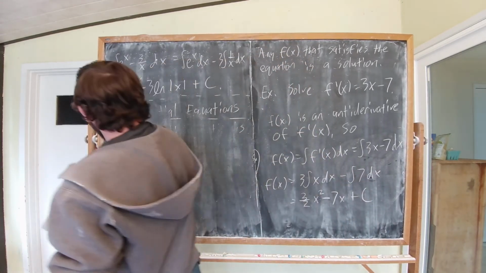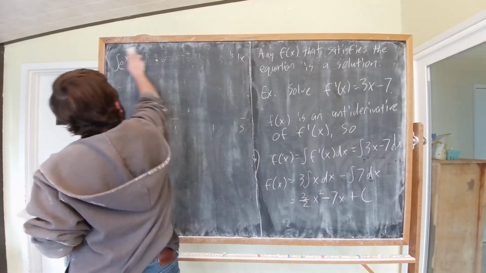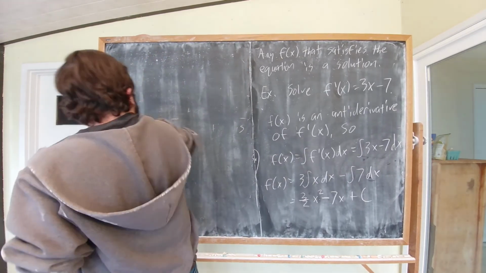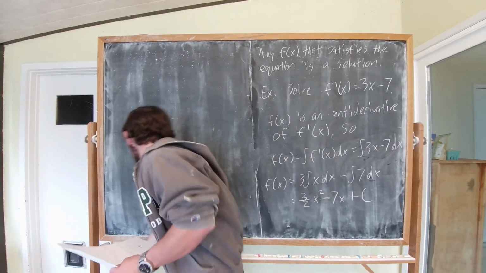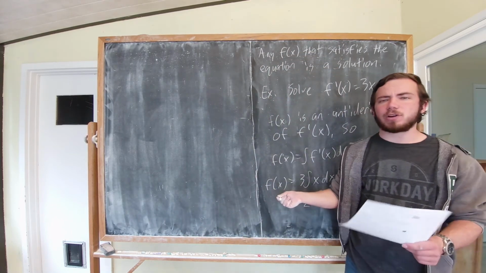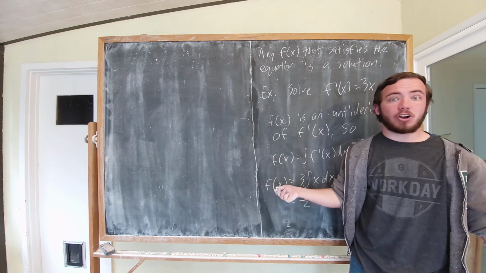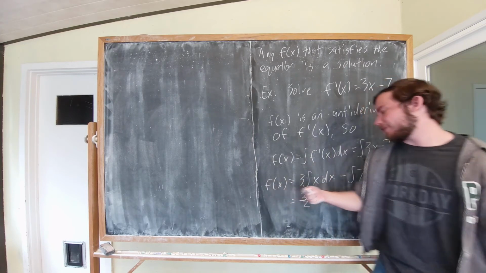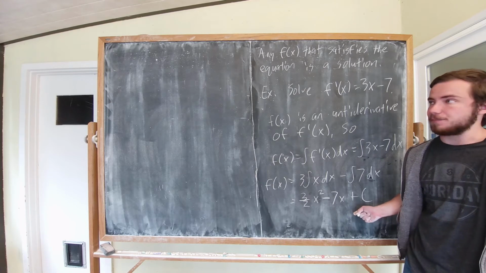Maybe I have a real world problem where all of these functions fit the differential equation that models my real world situation, but I need the one that models my specific situation. Maybe I'm doing a population growth model, and I know that the starting population is 500, but then my function gave me a plus c for starting population.